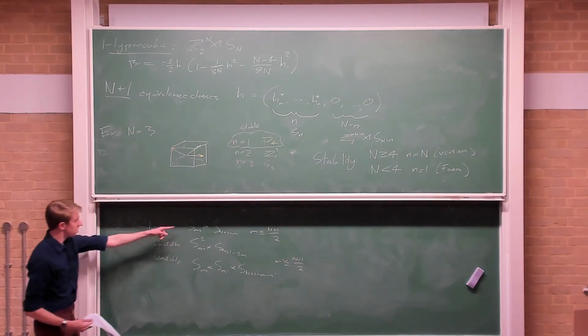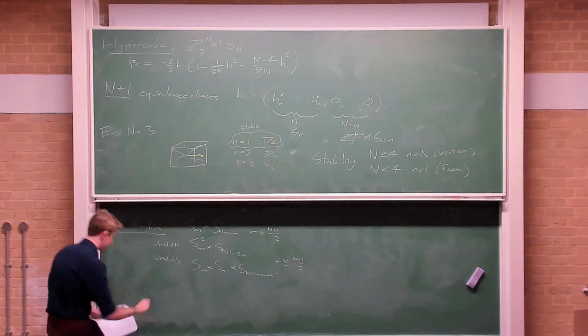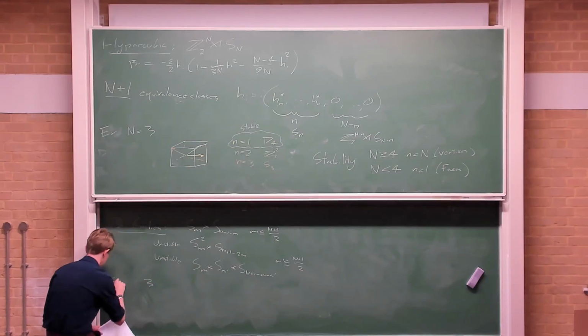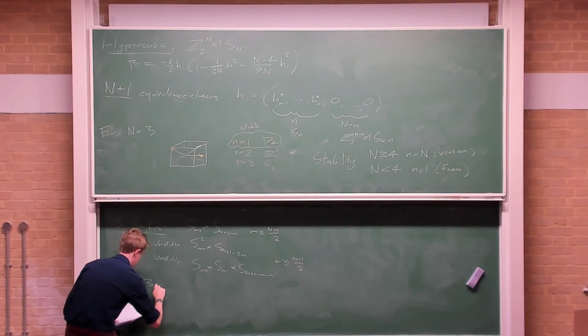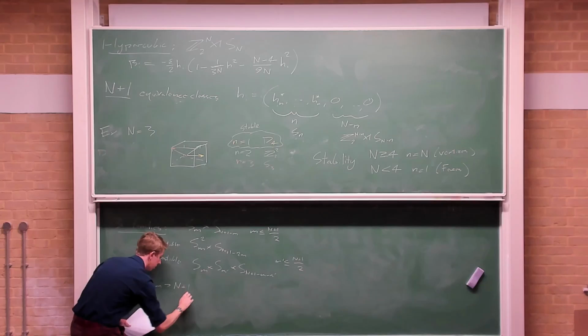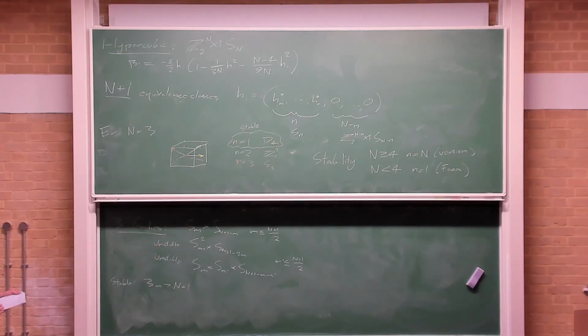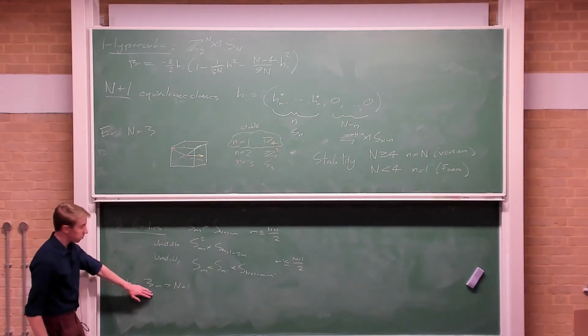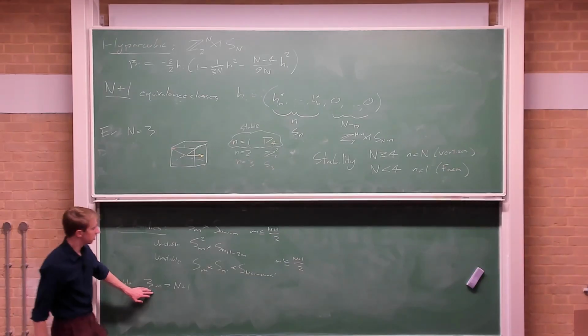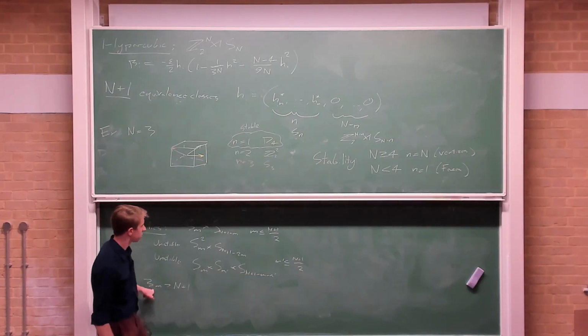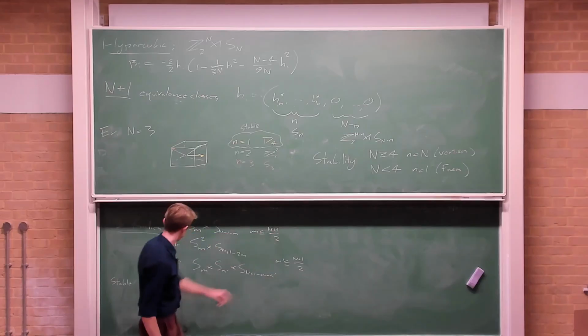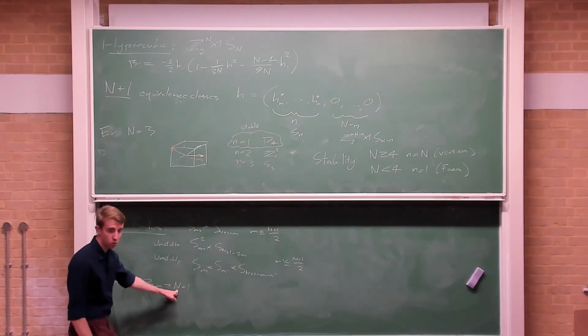But if you look at this class of fixed points, you find that it's stable as long as 3m is strictly bigger than n plus 1. And so you see now that there can be multiple stable fixed points, because there can be multiple values of m if n is large enough such that m is less than or equal to (n+1)/2, and that 3m is bigger than n plus 1.